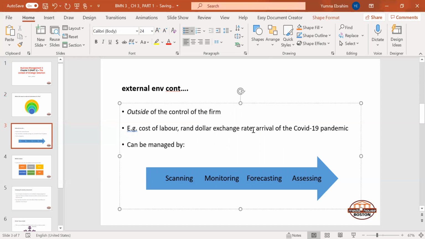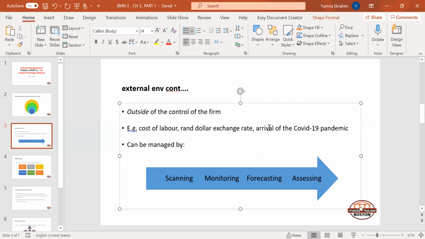Another area that's outside the control of firms is the rand-dollar exchange rate. If, for example, you are a company like MultiChoice and you buy a lot of content from HBO or international providers of this content, the rand-dollar exchange rate is outside your control, and the rand may weaken, and you would have to pay more for that content.